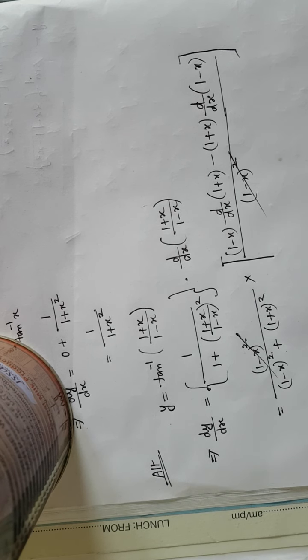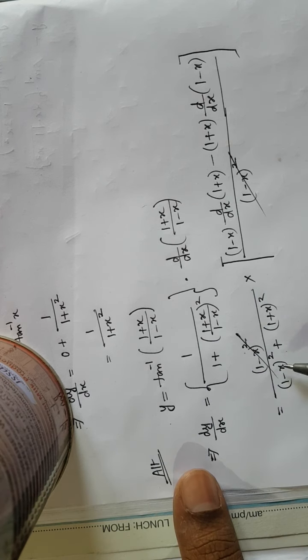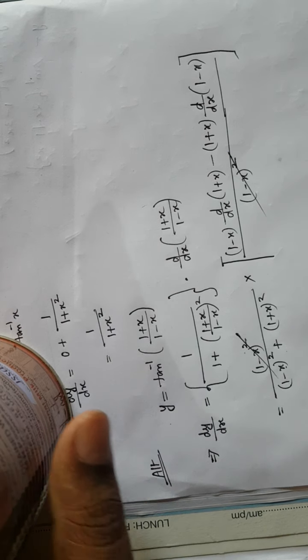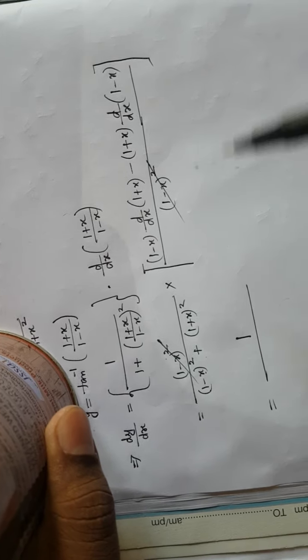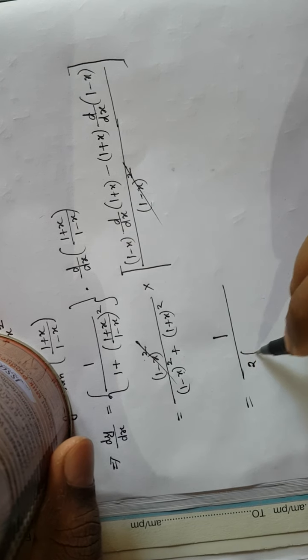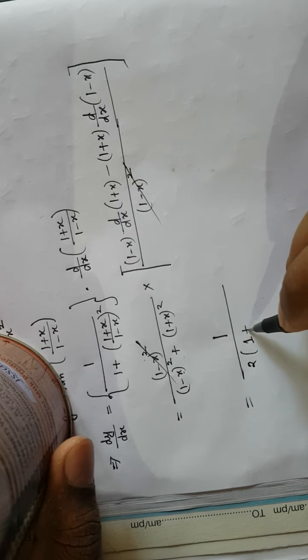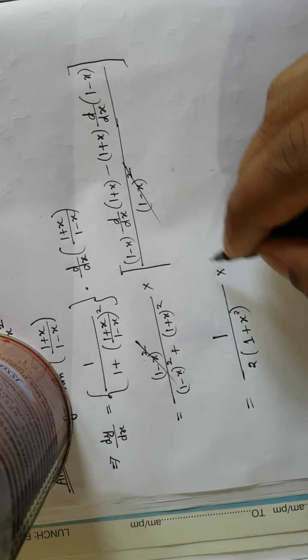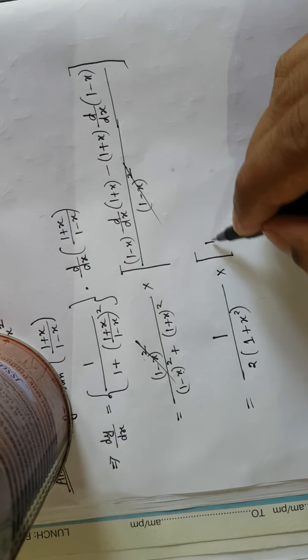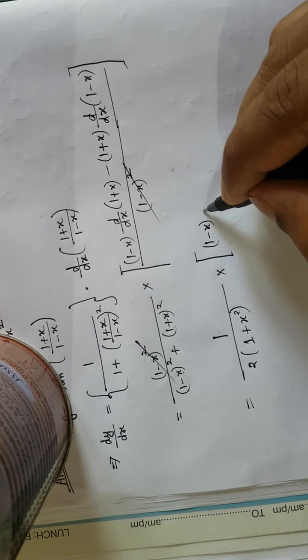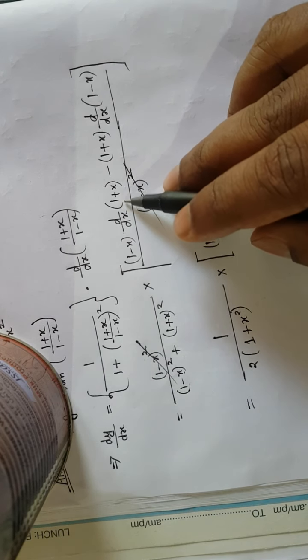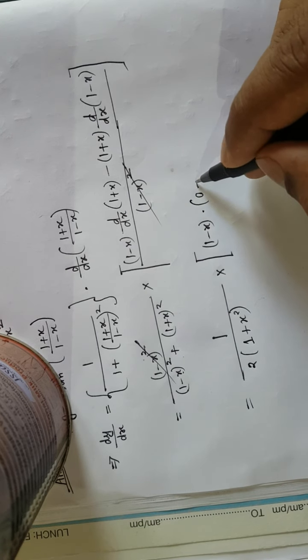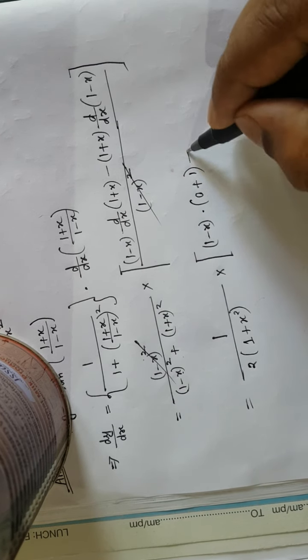Now what is this? A minus b whole square plus a plus b whole square. So your formula is twice a square plus b square. You see, this is 1 minus x multiplied to, for the derivative of 1 it is 0, for x it is 1.